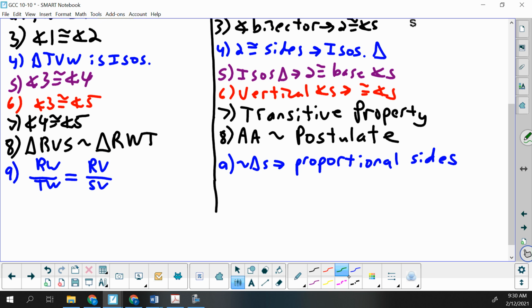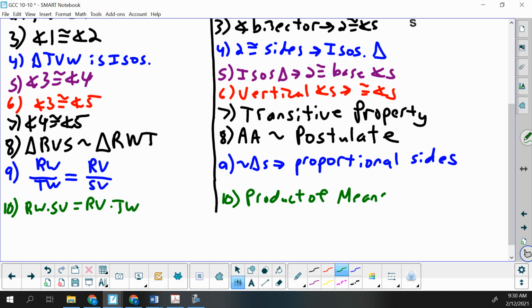And then our last statement will be what we want to prove. We've just got RW times SV is equal to RV times TW. And our reason is the product of the means is equal to the product of extremes.